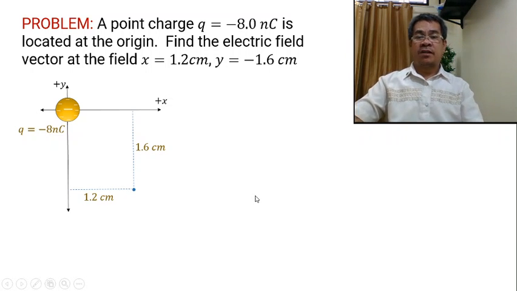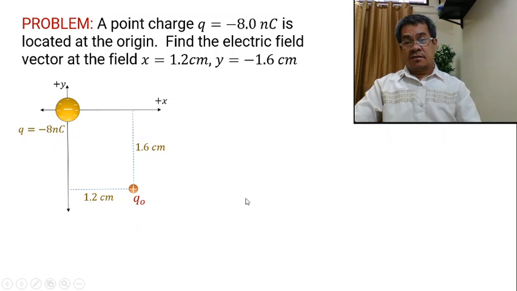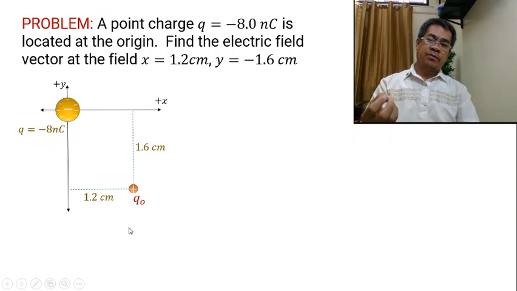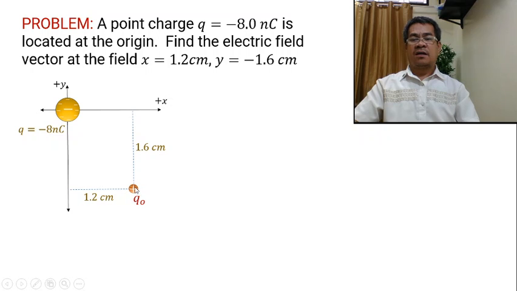To answer this problem, we have to imagine that we are putting a test charge on that point. We cannot detect the electric field without a test charge, but this is just imaginary. We don't need the magnitude of it.